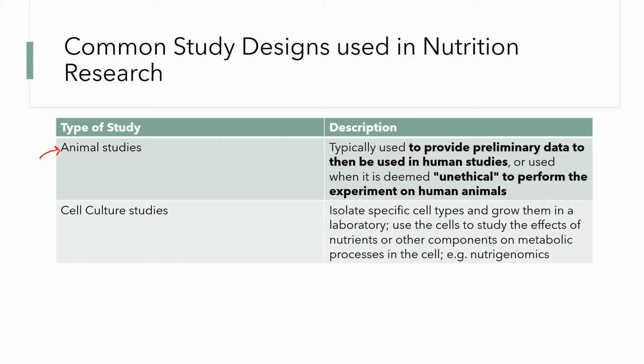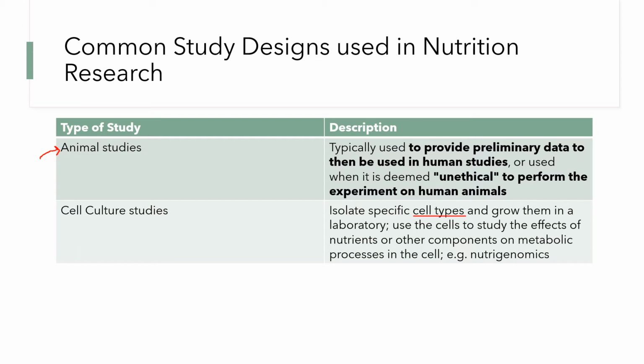In food and nutrition studies, again, oftentimes, pharmaceutical interventions would first be tested on animals. And then if there are no serious side effects, then they can go on and be tested on humans. And then cell culture studies, really just looking at almost a microbiology type study, but looking at just the cells in a laboratory.